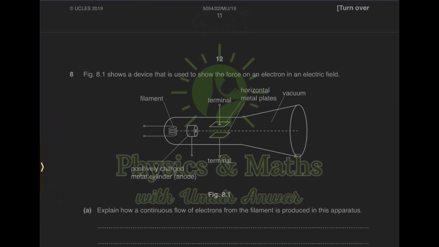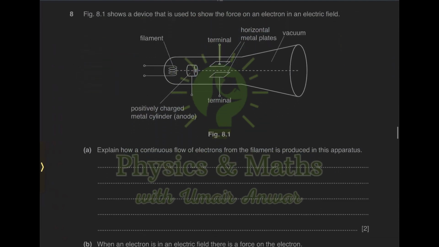This question is related to the topic of CRO, the cathode ray oscilloscope. The question says figure 8.1 shows a device that is used to show the force on an electron in an electric field. So the device has a filament over here. Then there is a positively charged metal cylinder, which is called the anode.